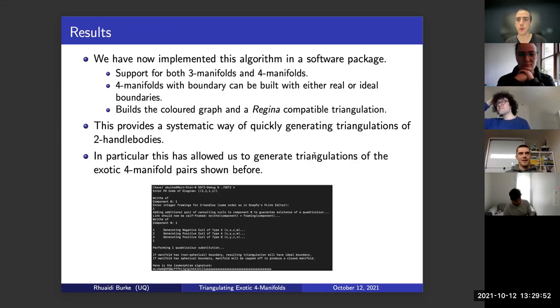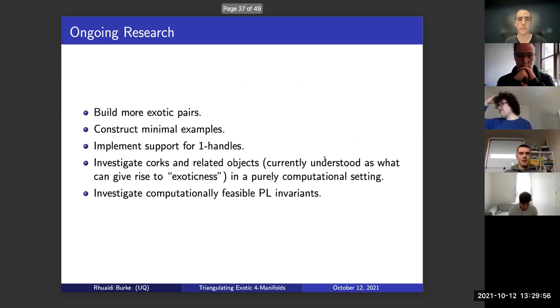What I want to talk a bit more about just in the last little bit of time, though, is some of my ongoing research and directions for future research. So obviously, one thing we want to do is build more exotic pairs to study these things combinatorially.